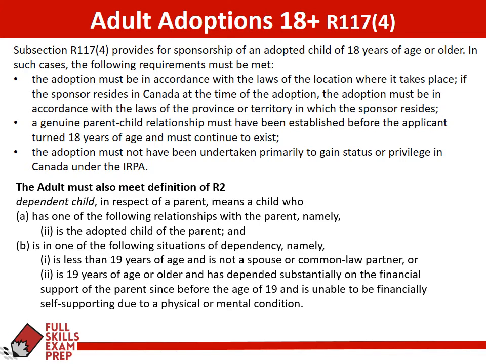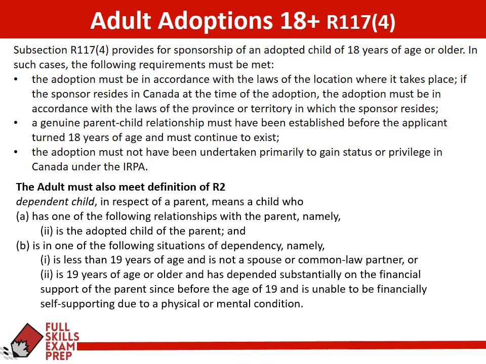With Regulation 2A, we can see that the person has to be the adopted child of the parent, which is extremely difficult and extremely rare for someone who's 18 or over. One of the only instances of this would be in B, where the person is 19 years or older but is mentally or physically unable to support themselves.